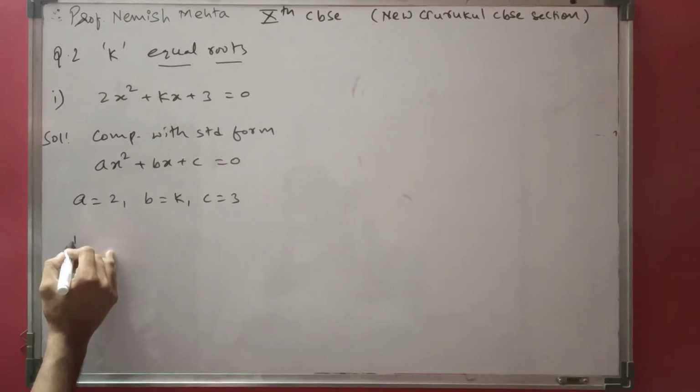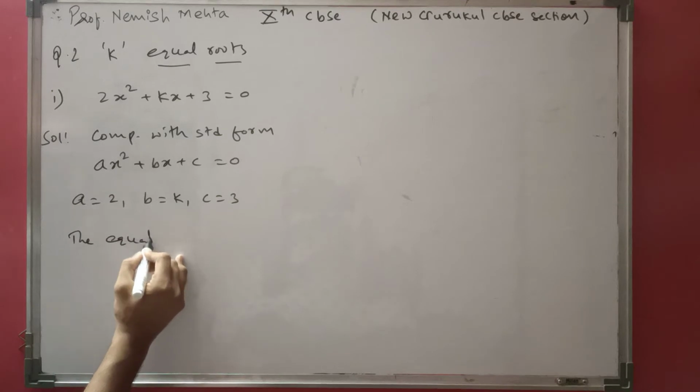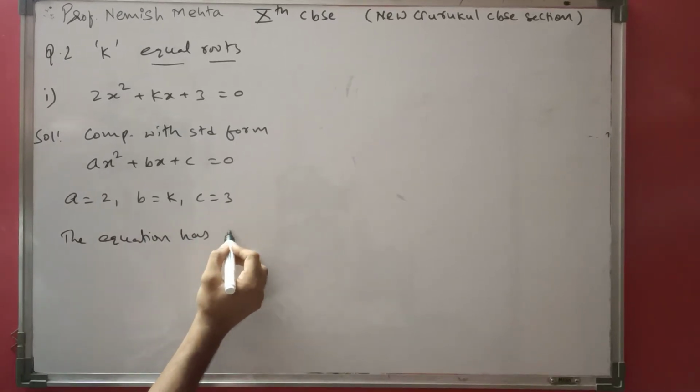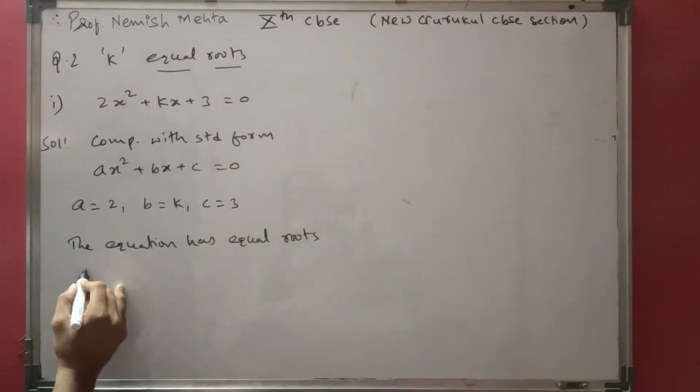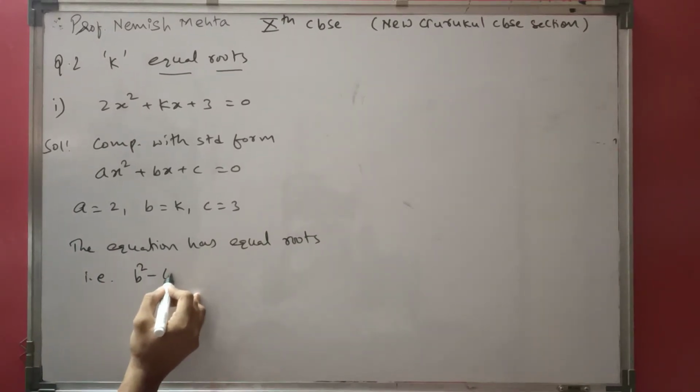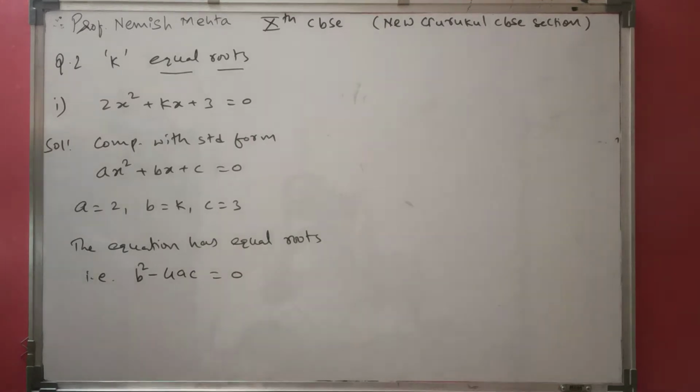So the equation has equal roots, that is b square minus 4ac equals to 0.